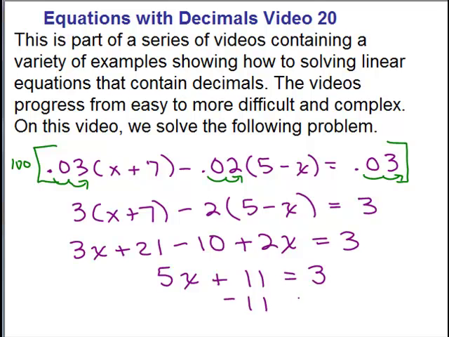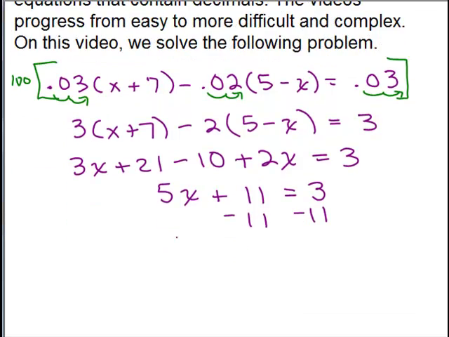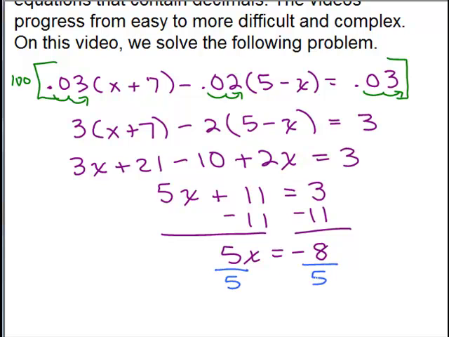And subtract 11 from both sides. So I get x equals negative 8/5. Darn, it'd be nice if it was a whole number.